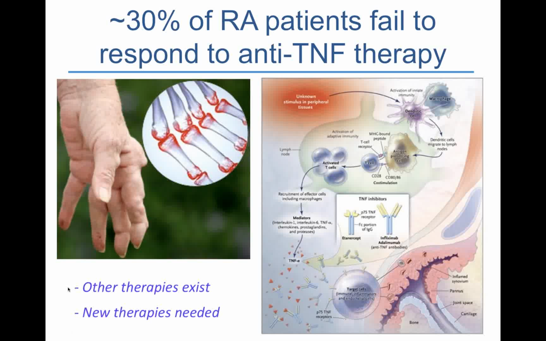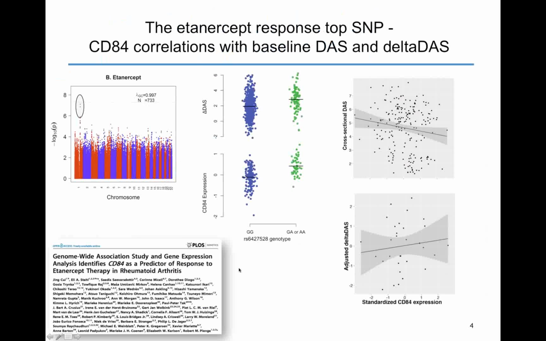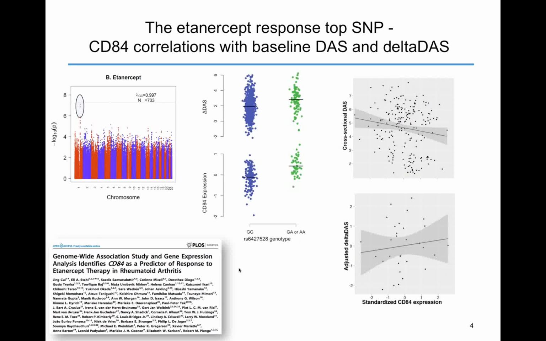So not only is there value in predicting who will respond, but there's probably as much, if not more, value in understanding the biologic pathways to guide new therapies and the development of new drugs to treat refractory RA. Next slide. Let's see, was there one before that, or is this, I saw it skipped quickly? Okay, good.